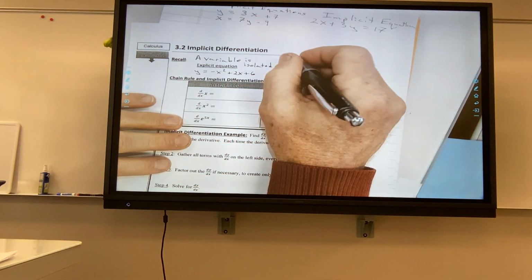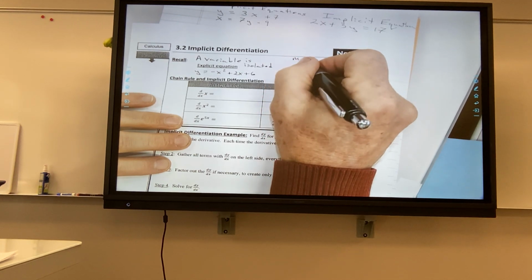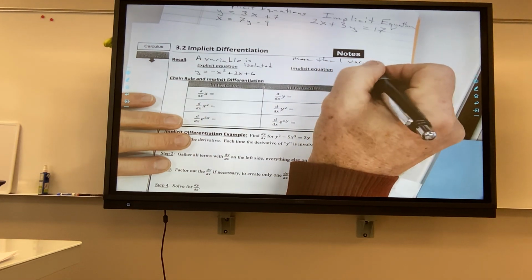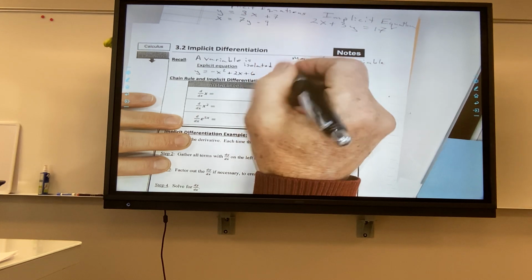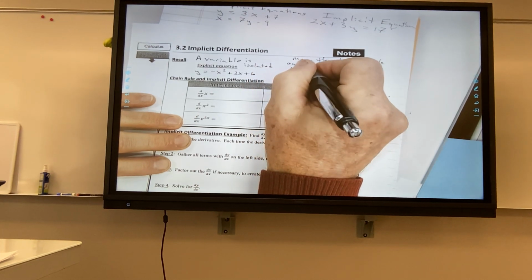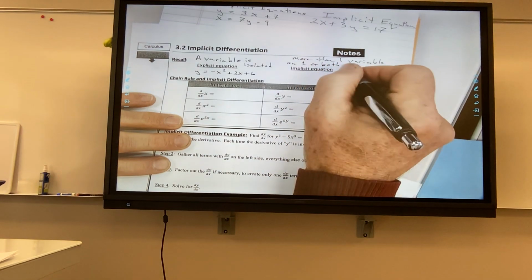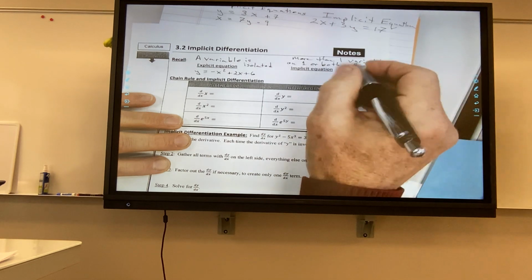An implicit equation means more than one variable on one or both sides of the equation.